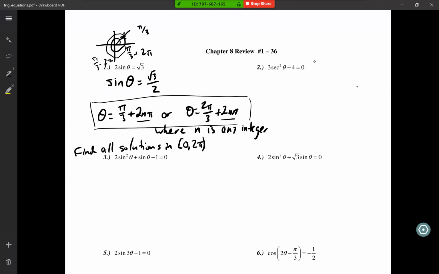So much like what we did with all the previous problems we've done so far, let's see if we can get the secant all by itself right now. So we will add the 4 to both sides. Divide both sides by 3.